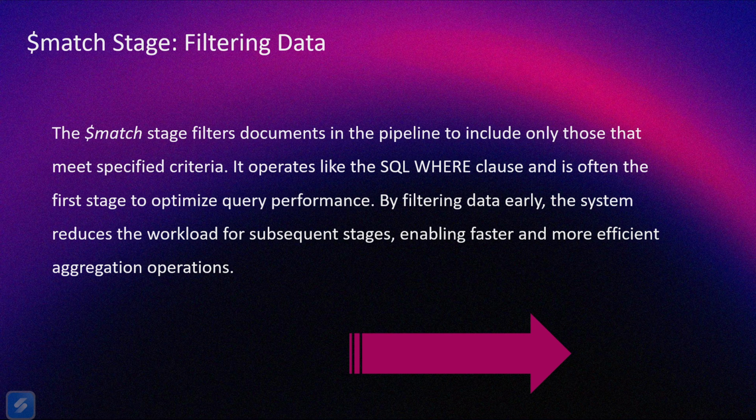By filtering the data early, the system reduces the workload for the subsequent stages and also enables a faster and more efficient aggregation process. Filtering the data helps us reduce the workload on the next stages.